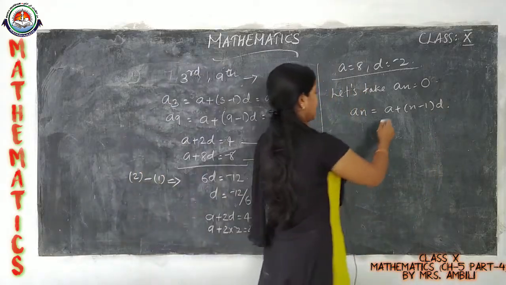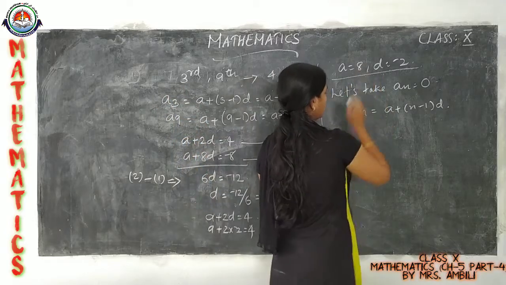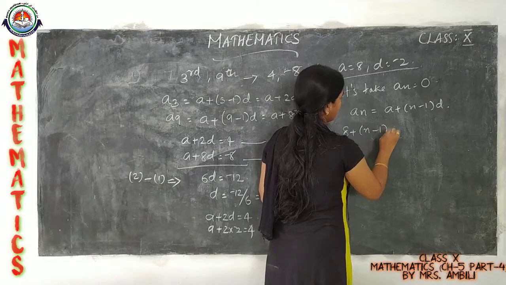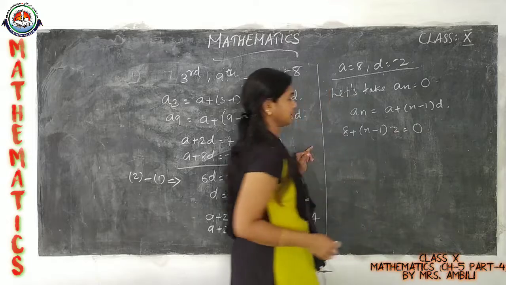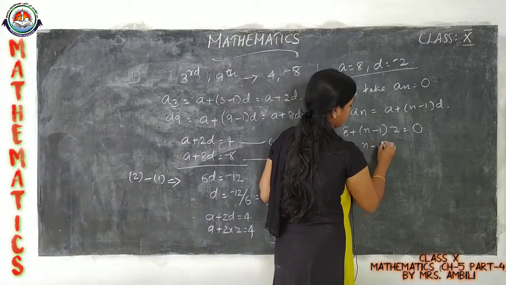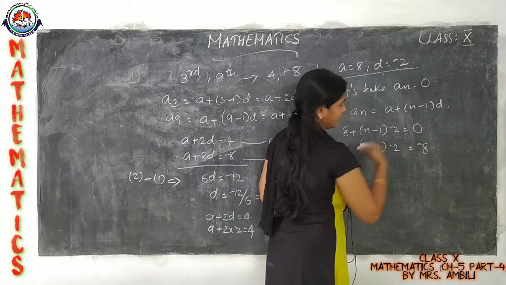Okay. So we can write, what is a? a equal to 8. So 8 plus (n minus 1) into minus 2 equal to 0. So (n minus 1) into 2 minus 2 equal to minus 8.